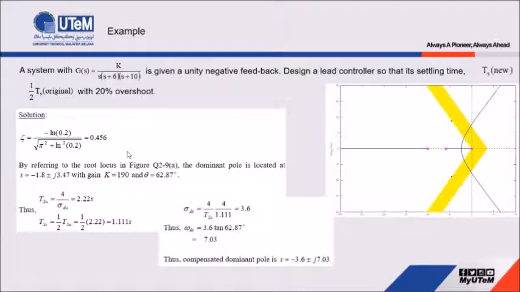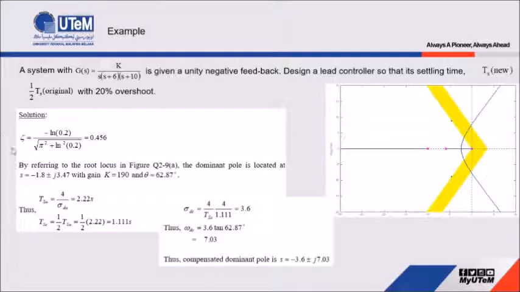So this can be done by obtaining the value of zeta. We just apply the formula for zeta and put this 20% inside the formula, and then we get the value for the damping ratio zeta. In this case, we get 0.456.